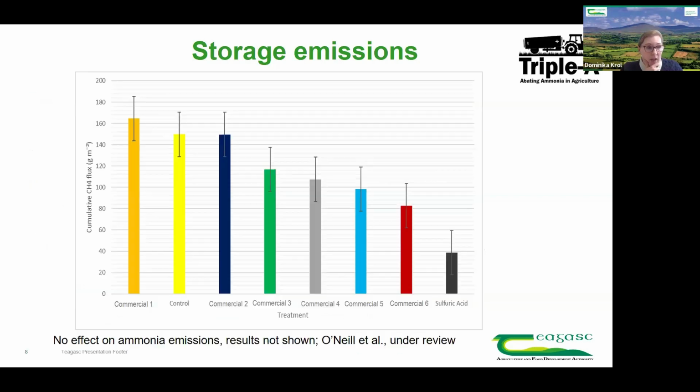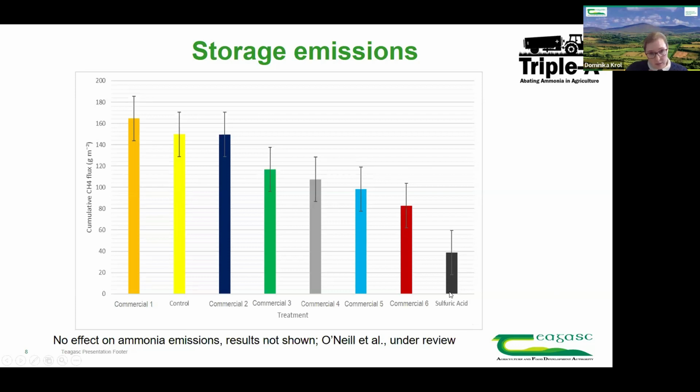And that's why further down the road, we also looked at commercial additives that are available on the market. This study is currently under review. I'm showing you methane results because there were no effects on ammonia emissions. That's why I'm not showing those. But in terms of methane, you will see that there are some products. So this is our control here, the second from the left.